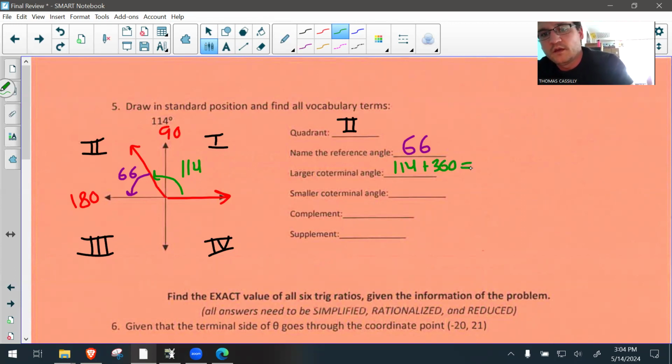What is that going to be? 474. They want a smaller one, so that's going to be 114 minus 360. That is going to first and foremost be negative. We're going to say negative 246.